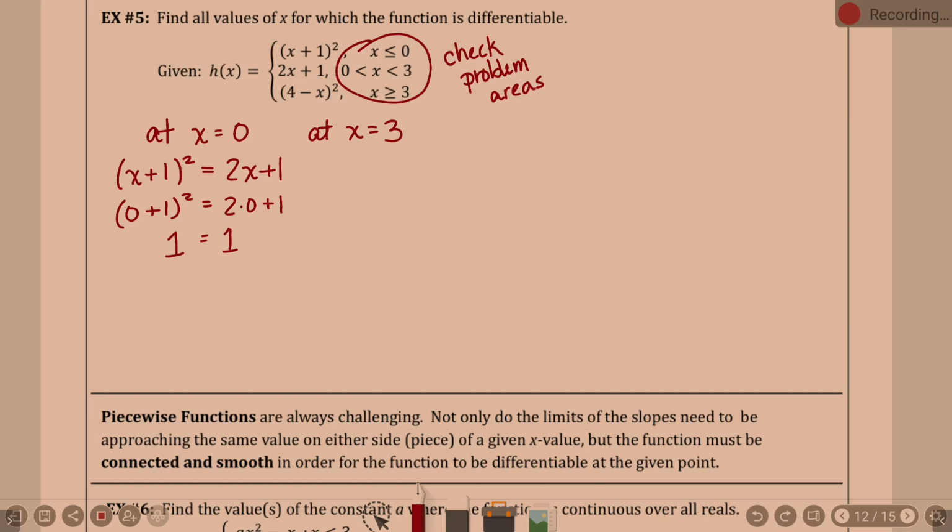What about x equals 3? We want to know, does 2x plus 1 equal 4 minus x squared at x equals 3?